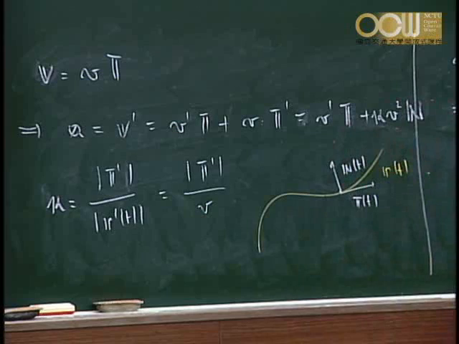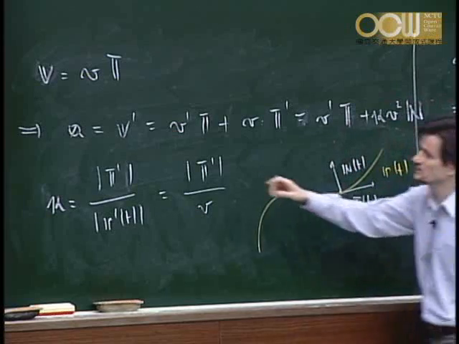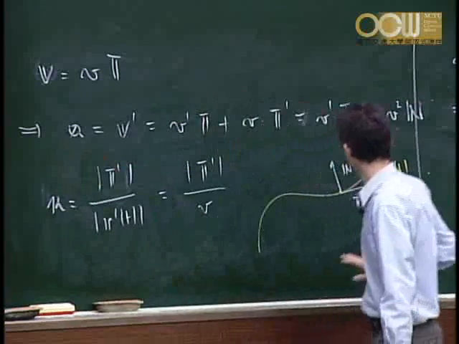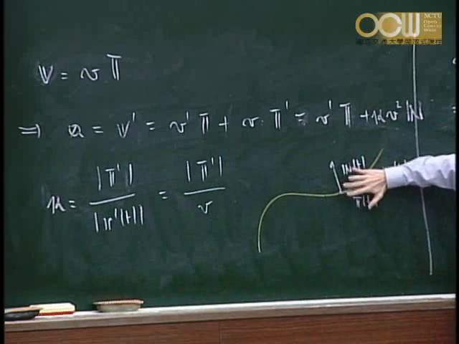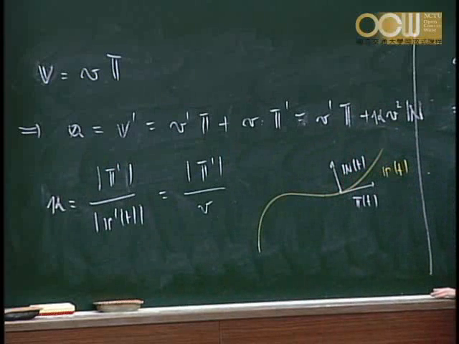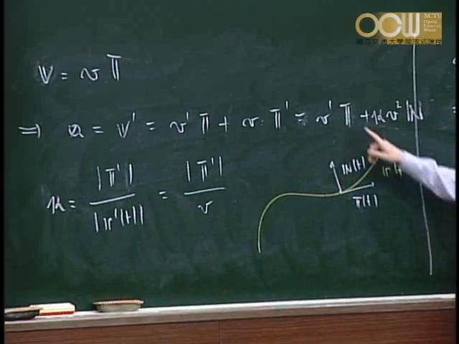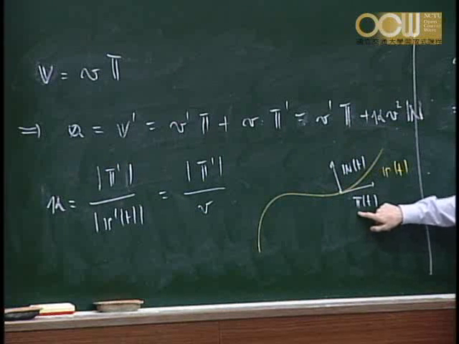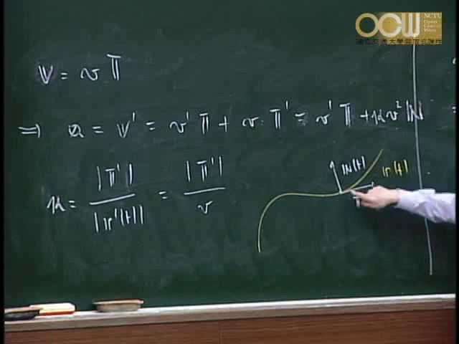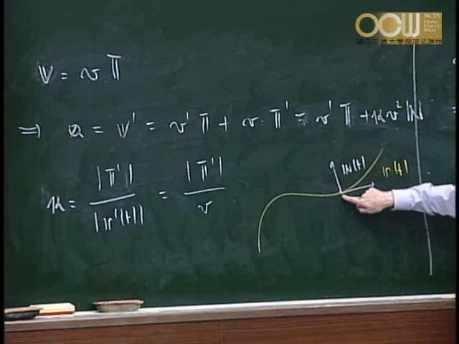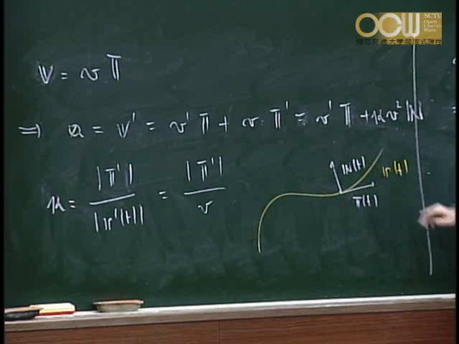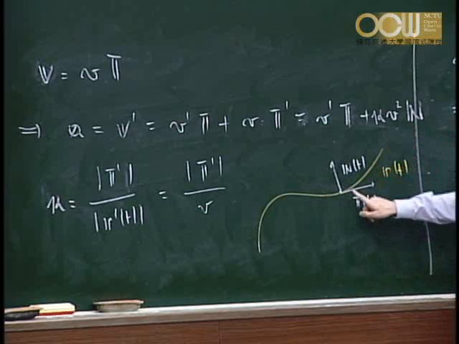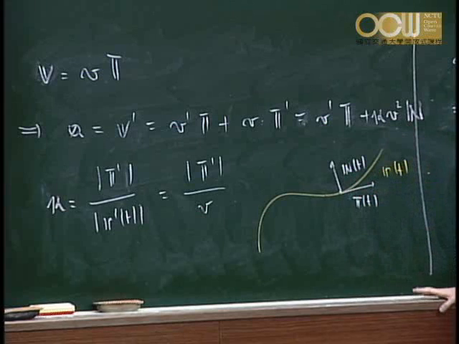We see that the acceleration lies in the osculating plane, and it has two components. One component in direction of the movement, of the motion, and one component which is perpendicular to this direction.